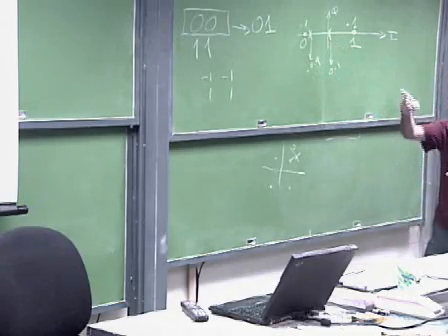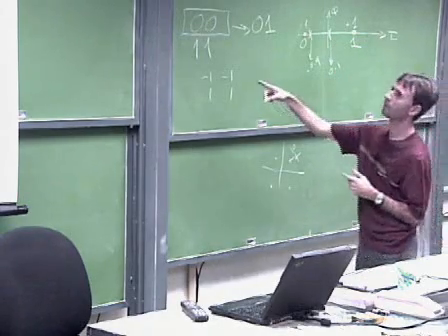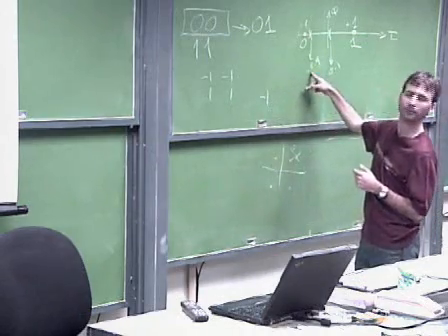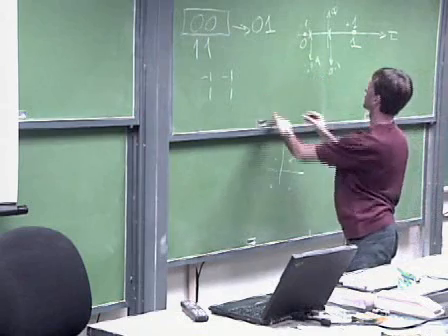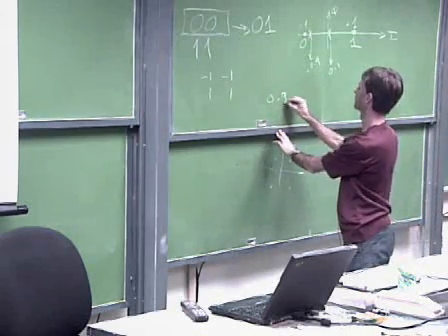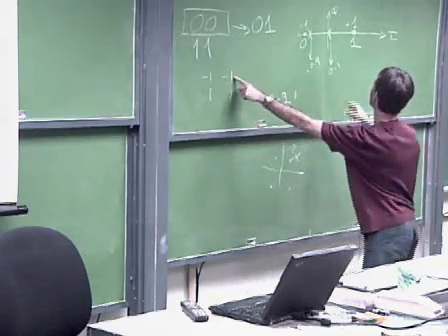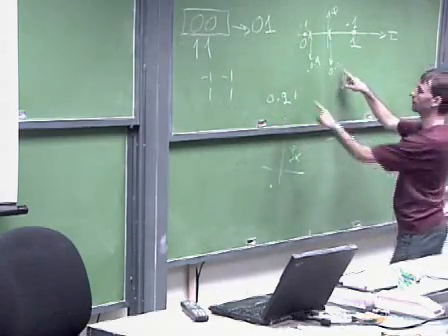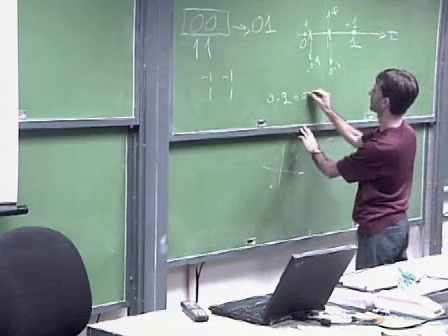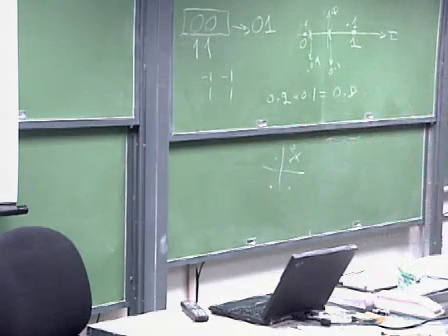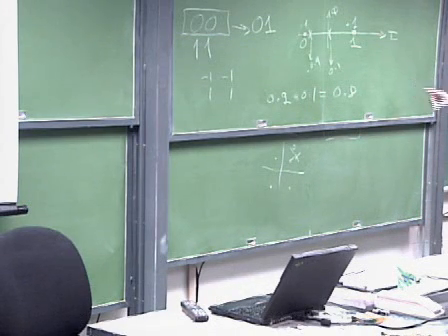So I compute my correlation by saying, okay, for the first code word, the correlation is minus 1 times minus 0.9, so this is 0.9, plus minus 1 times 0.1 is minus 0.1. So if I didn't make a mistake, I get 0.8 for the correlation between the received vector and the first code word.